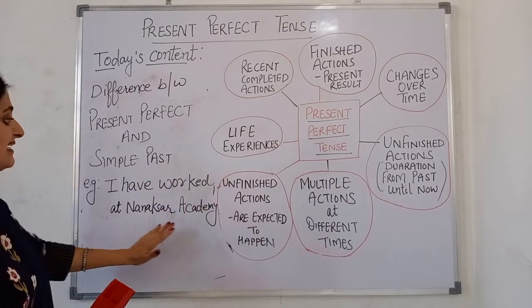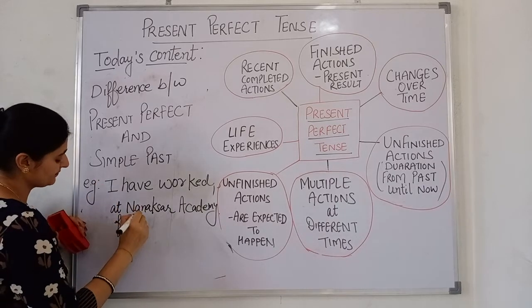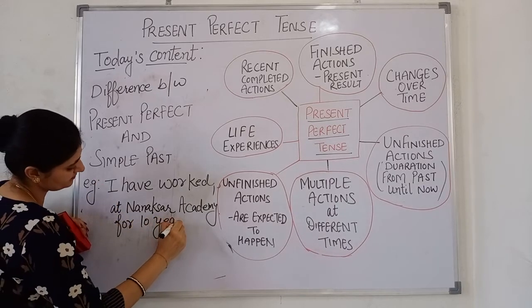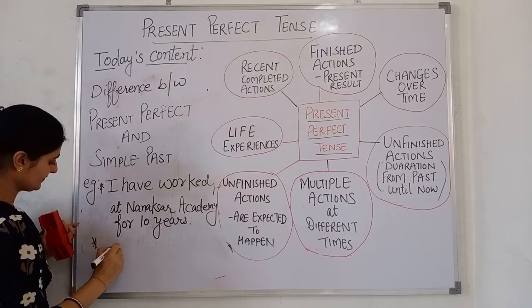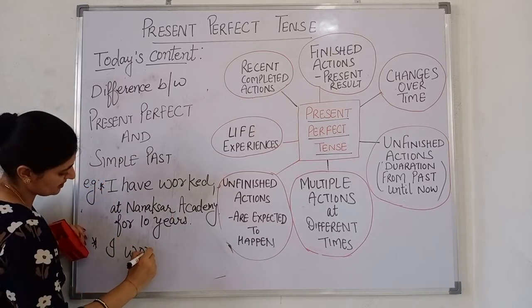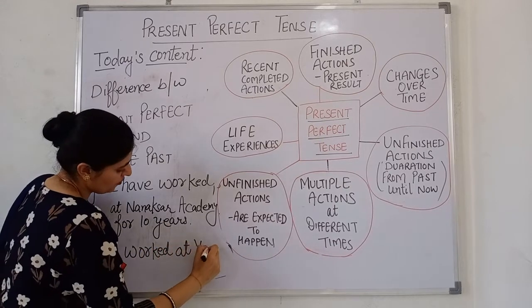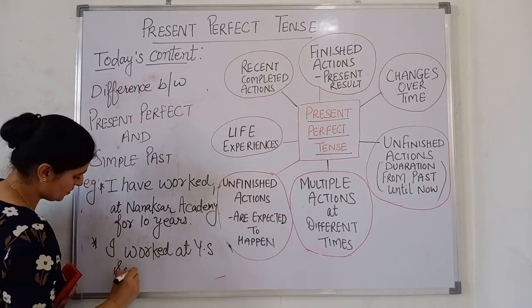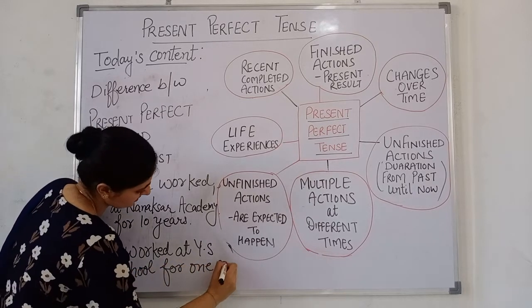I have worked at Nanak Sir Academy. Clear? For 10 years. Clear? Second sentence is, I worked at YS school for 1 year.